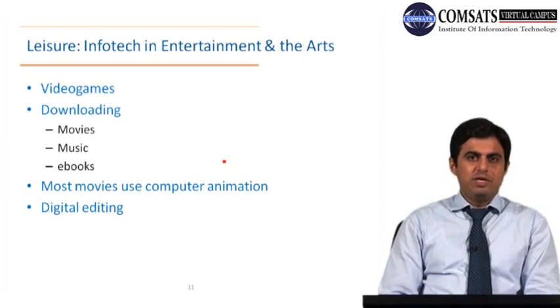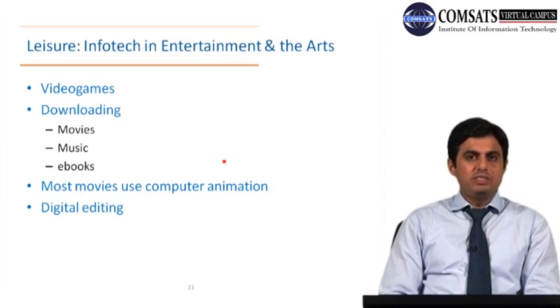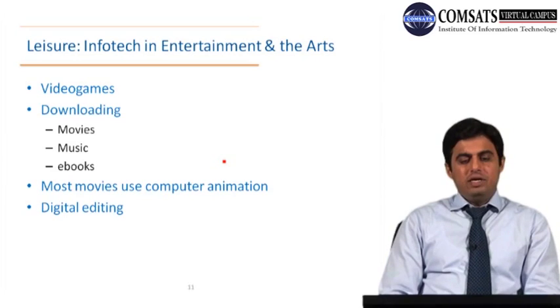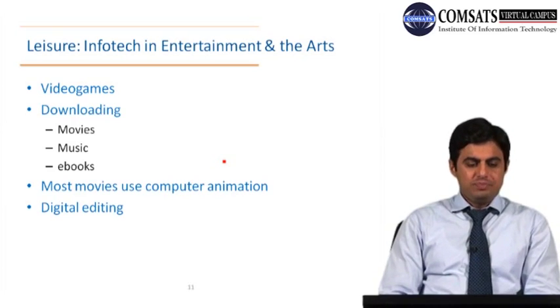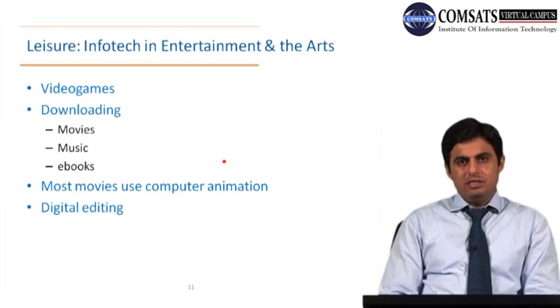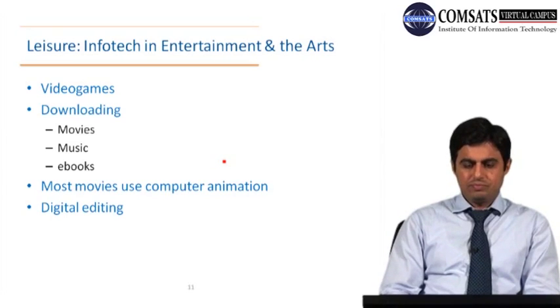All the characters are made on computers using specially customized software. So this is an example where information technology is being extensively used. Then digital editing of these movies is performed on computers, and this is another example of how IT is being used in the movie sector.